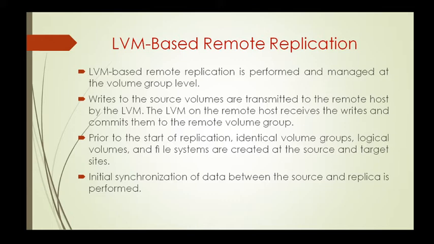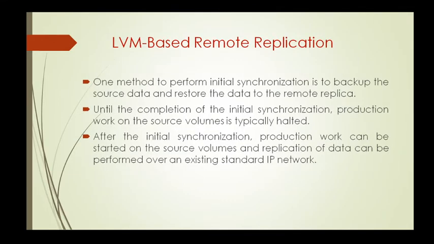Initial synchronization of the data between the source and the replica will be performed. One method to perform this synchronization is to back up the source data and restore that data into the remote replica. The data in the source and the replica should be consistent.